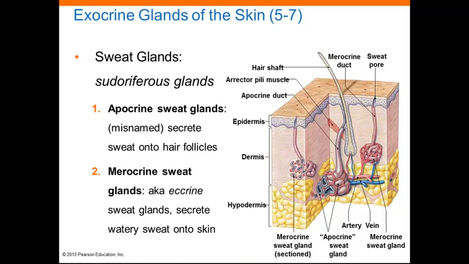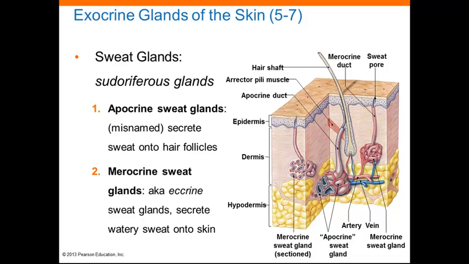Another exocrine gland of the skin is the sweat glands, also known as sudoriferous glands. They include two different types, the apocrine and the merocrine. Apocrine sweat glands are actually misnamed. They rely on merocrine secretion methods, so they're secreting vesicles from the Golgi body.